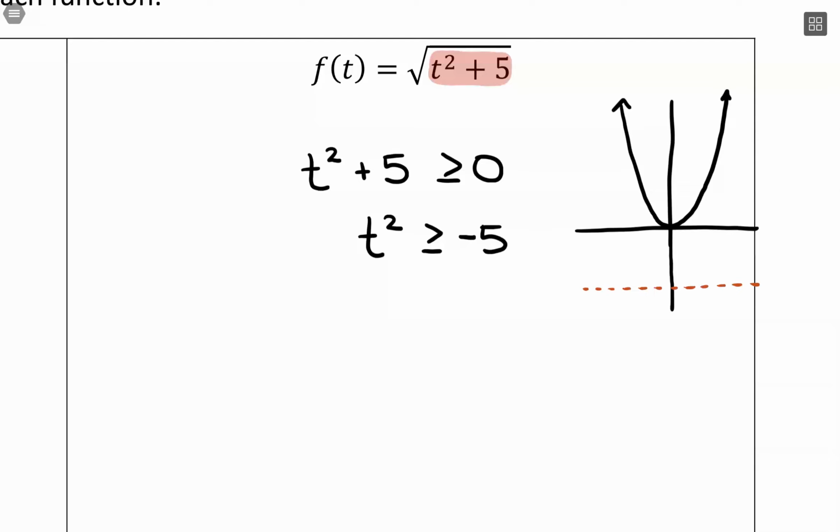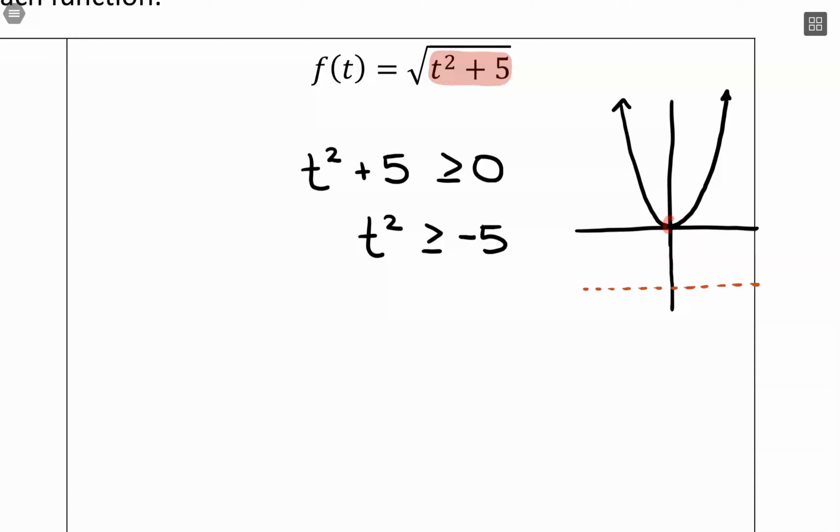And I want to know, where is the quadratic function larger than or equal to negative 5? And the answer is going to be absolutely everywhere.